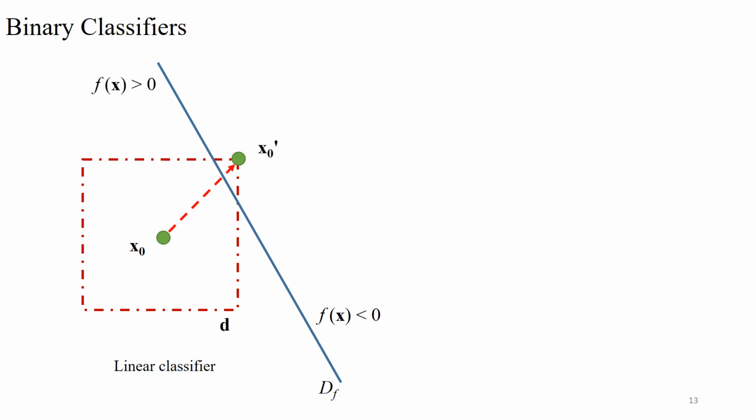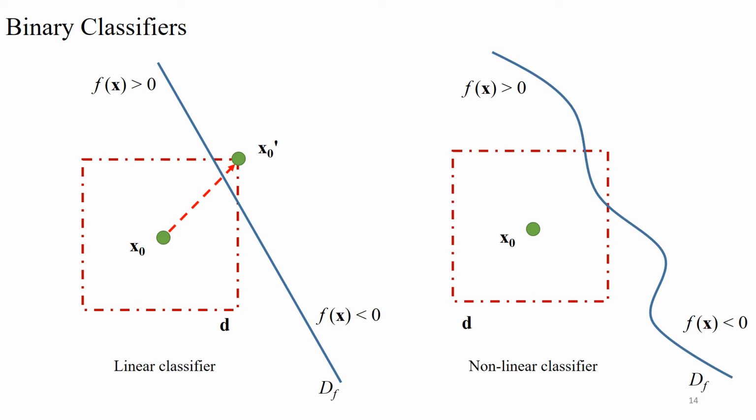Next, we will generalize DeepSearch to nonlinear binary classifiers. Since the classification function f is nonlinear, the decision boundary of f is a curve. Unlike linear binary classifiers, the nonlinear case is handled by iteratively approximating the minimum value of f within the given L-infinity distance.